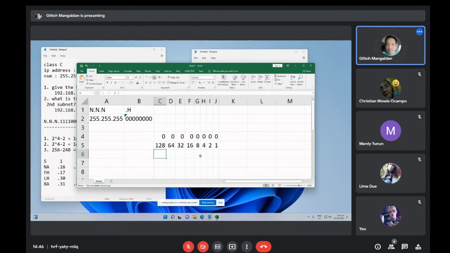Ngayon, based sa computation natin, 4 na 1. I-add mo lang to. What is the value? 128 plus 64 plus 32 plus 16. That is 240.